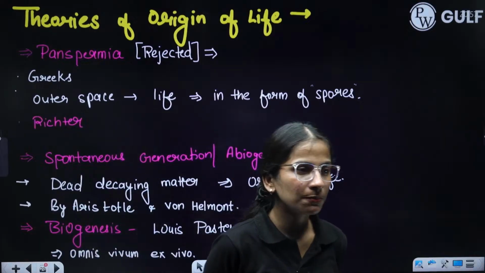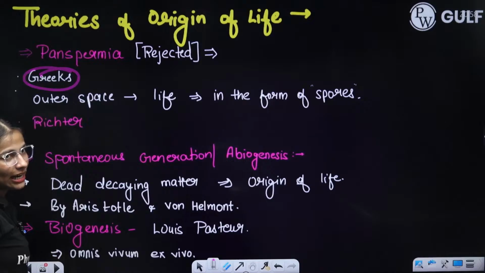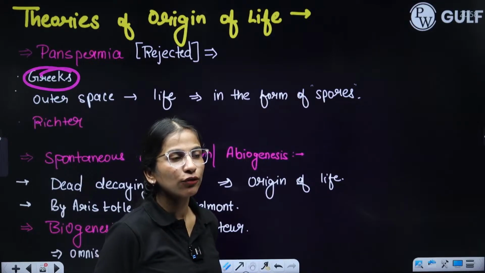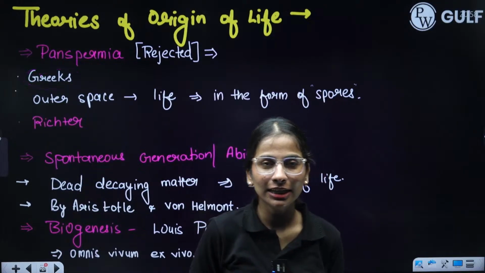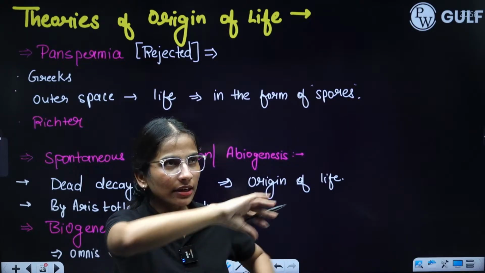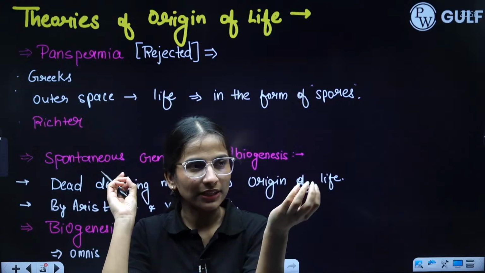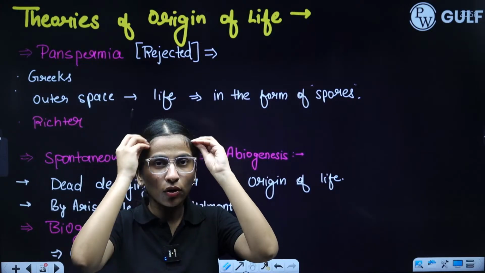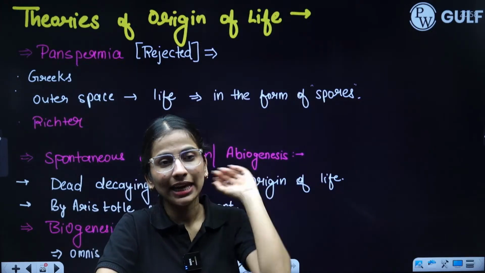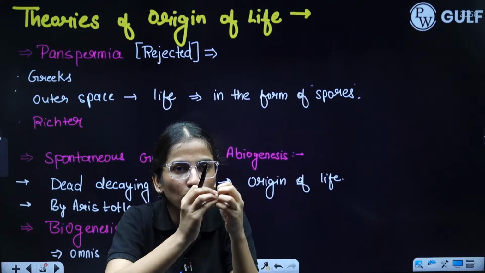First one is panspermia. Greeks used to believe in this particular theory, and they used to say that life came from outer space and it came in the form of spores. I hope you know that right now in our atmosphere we have a lot of fungi and microbe spores. Fungi and yeast reproduce with the help of spores. Fruiting bodies form in them and those fruiting bodies burst.